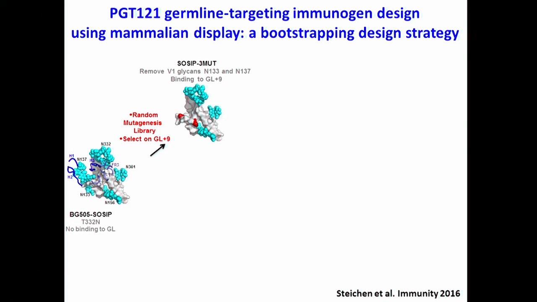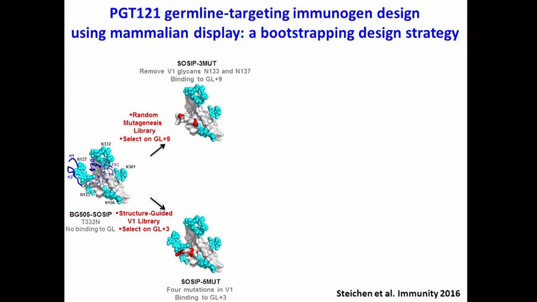So I started with a random mutagenesis library, and I selected against this intermediately mutated antibody, which is the germline, but it has 9 mutations from the mature antibody. And so that identified 2 mutations, N133 and N137, that knock out these 2 glycans, and that improved binding to this antibody.